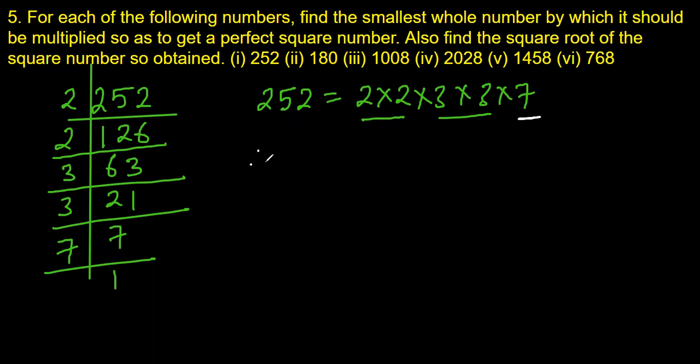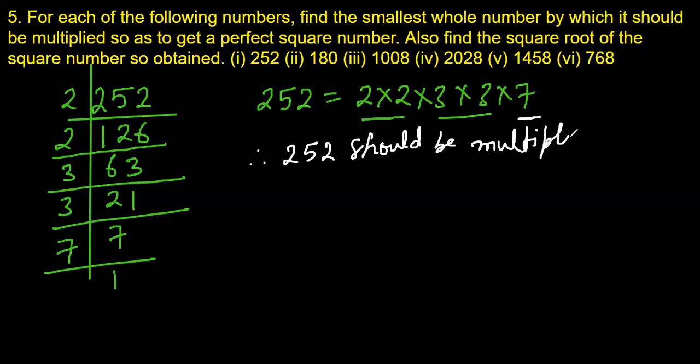So you can say, therefore, 252 should be multiplied by 7 to get a perfect square, of course. And multiplying this by 7, the required number is 252 multiplied by 7.